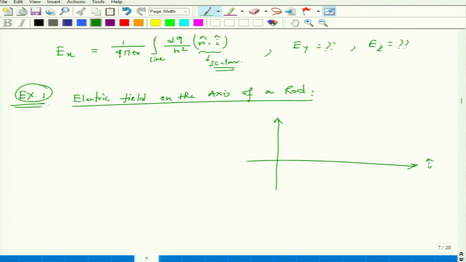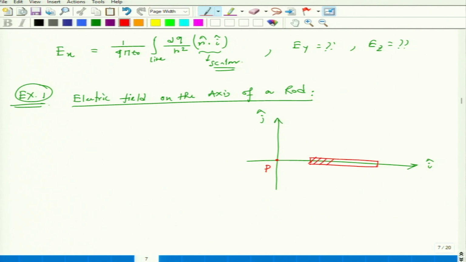This one is the x axis, i cap the unit vector. This one is the y axis, the unit vector is j cap. So we consider a rod placed on the x axis. Let us say this one is the origin O, and at this point we calculate the electric field. Let us denote this point P.